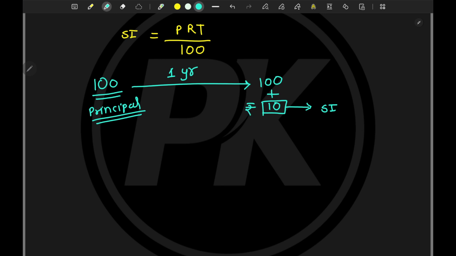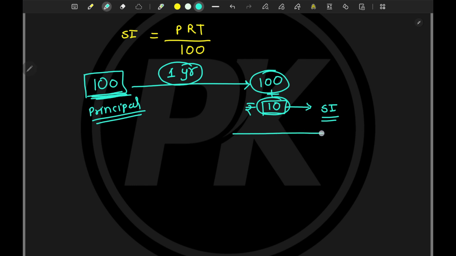So you are understanding. I have given 100 rupees to somebody, and after 1 year he or she has to give me back 100 plus an extra 10 rupees. That extra 10 rupees is called simple interest. The original amount which was given is called principal. So at the end of the year, how much amount is that person giving me back?